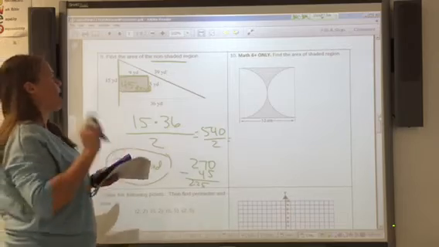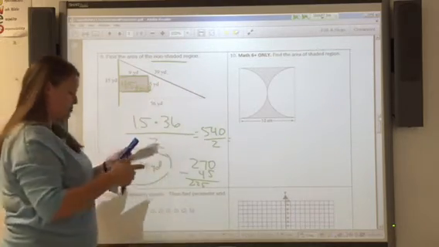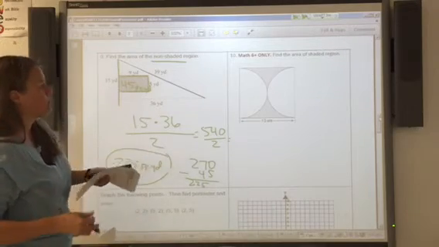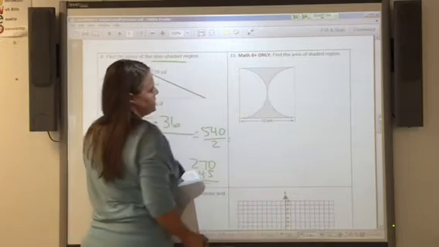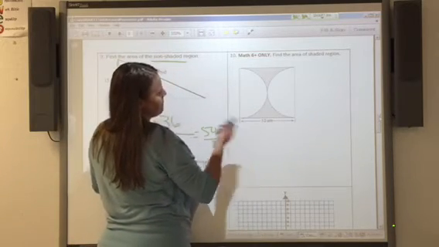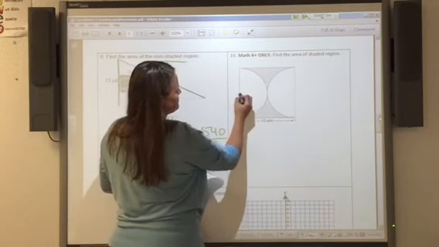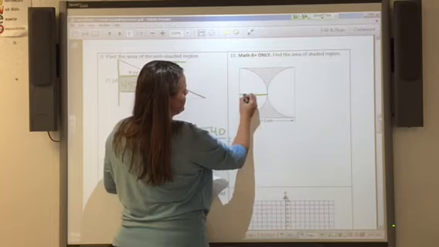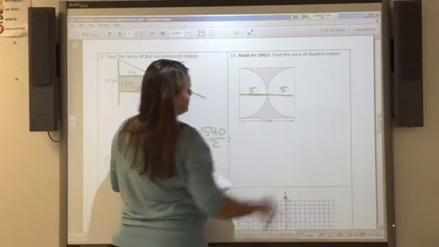All right, Math 6, you can fast forward just a little bit. Math 6 plus, watch this part as well. So I need to find the area of the shaded region. I know it's a square because I know that from here to here it's 10 centimeters, which means that this radius is 5, and this radius is 5.